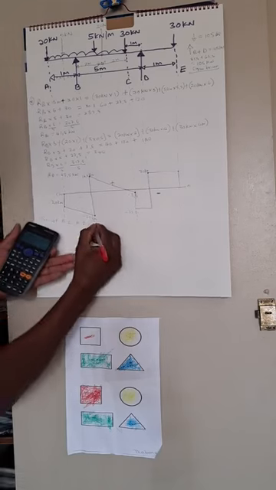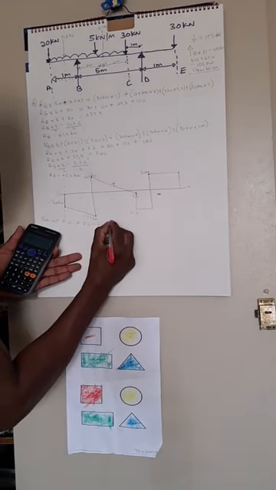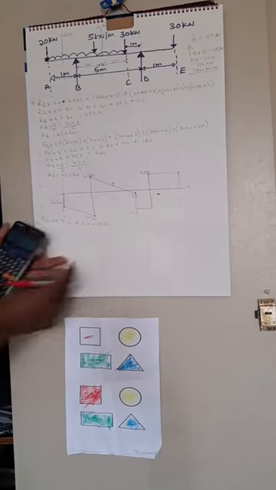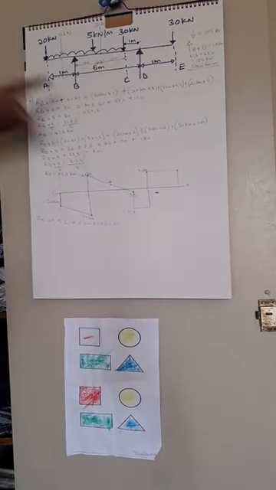So I'm getting my bending moments here as minus 22.5 kilonewton meter.